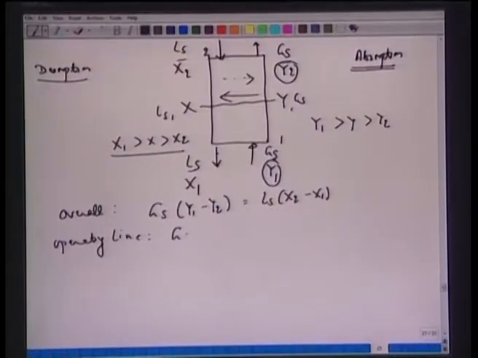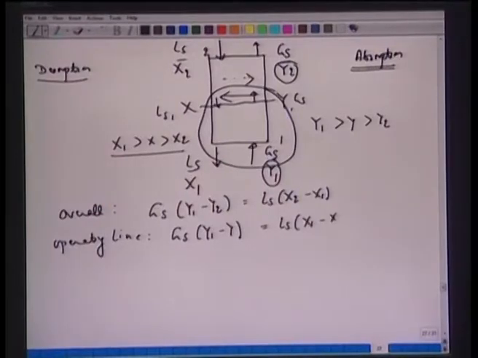So we can write GS into Y1 minus Y, taking this envelope, equals LS into X1 minus X. So one gets an operating line in terms of y equals mx plus c. This becomes your operating line.